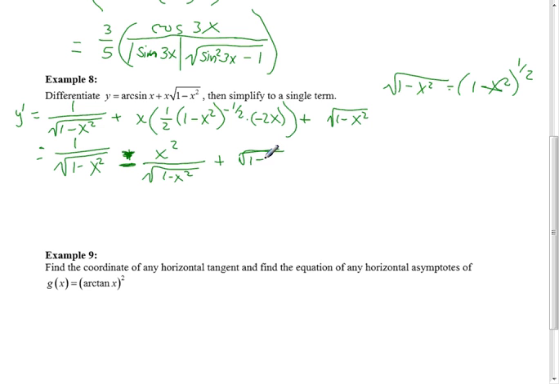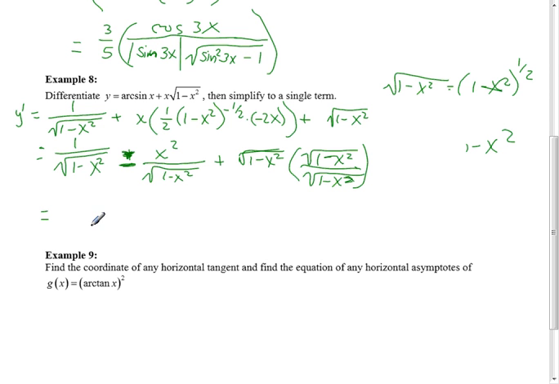1 minus x squared. So in order to combine these into a single term, we're going to have to multiply to get our common denominator. So we're going to have to multiply by square root of 1 minus x squared over square root of 1 minus x squared. In the numerator, when you multiply that, you simply end up with 1 minus x squared.